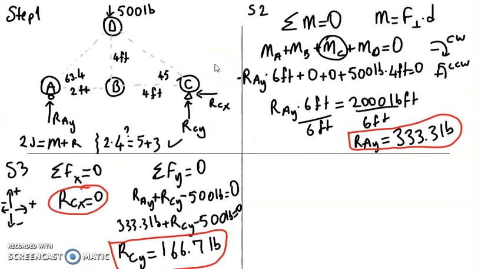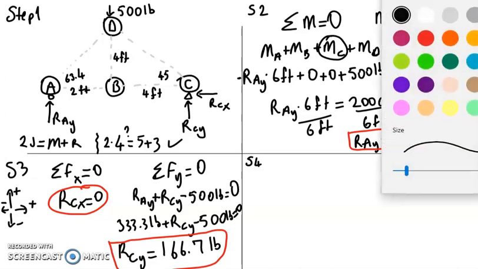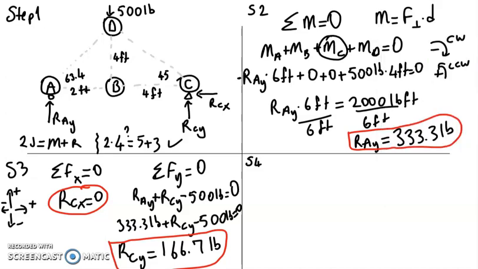Okay, so now as you can see, we found RAY, RCY, and RCX. Now let's go to step 4. For step 4, we need to go back to step 1, and we need to start writing the internal forces.